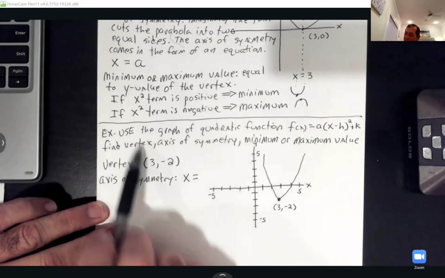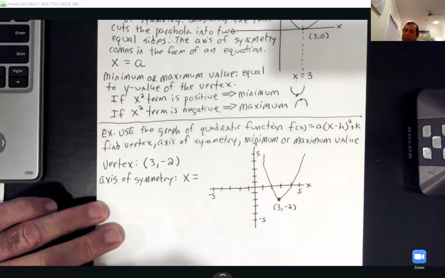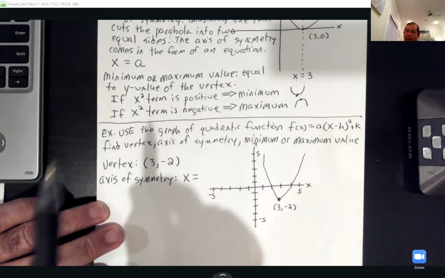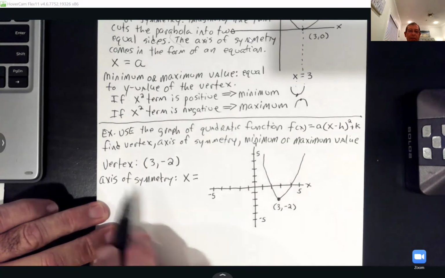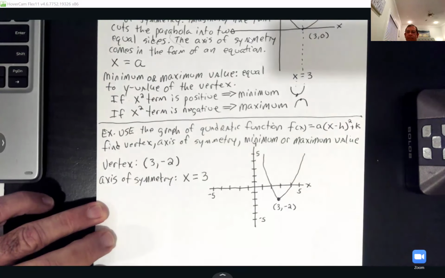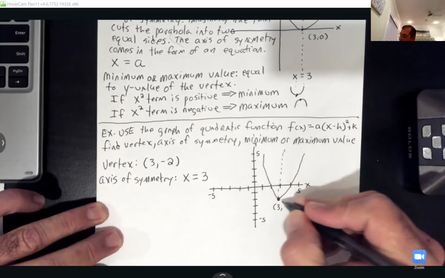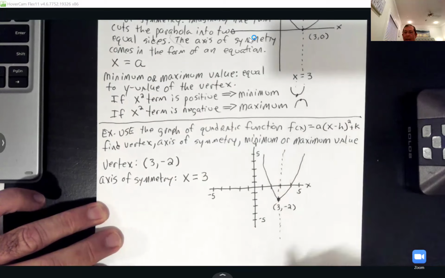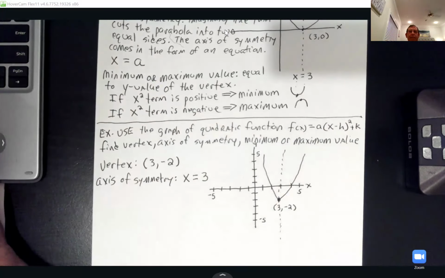Well, remember, we said the axis of symmetry was equal to the x value of the vertex. Well, my x value is 3, so that means the axis of symmetry is x equals 3. If I drew that imaginary dotted line at 3, it cuts our parabola in half.